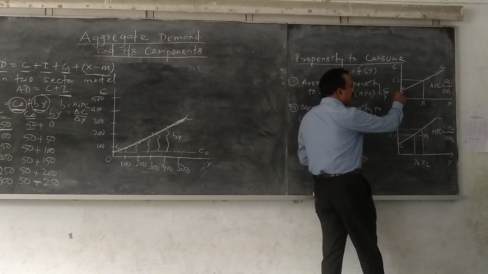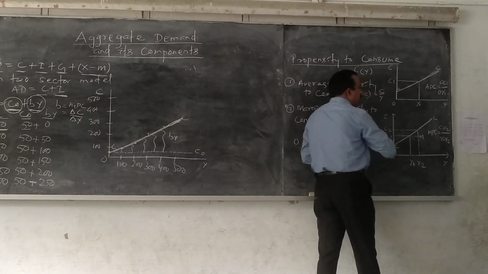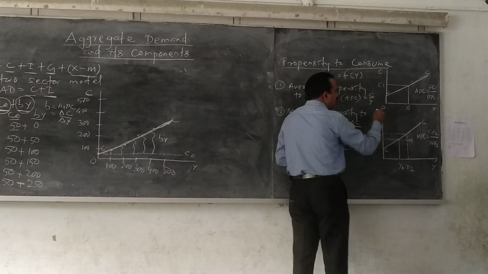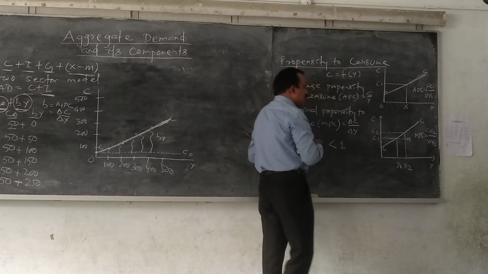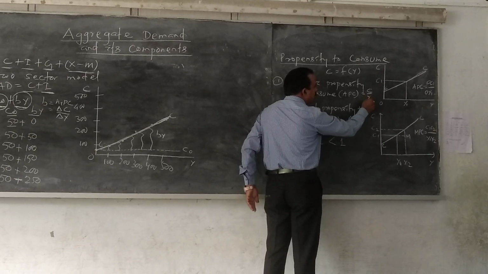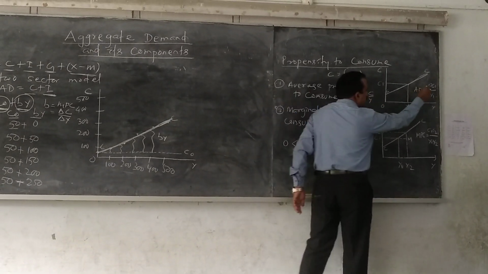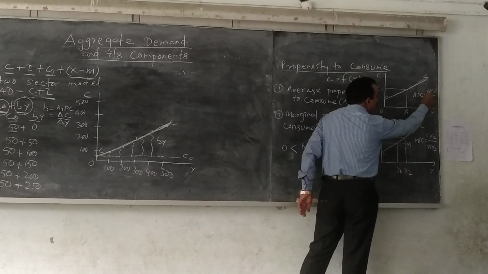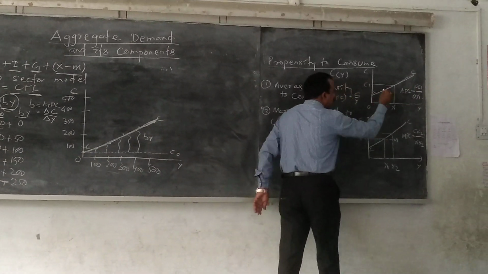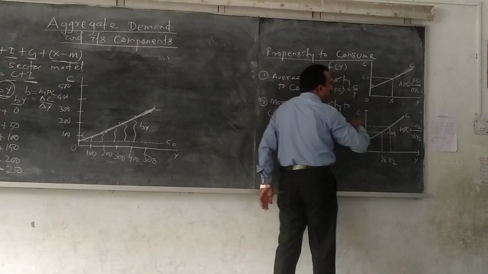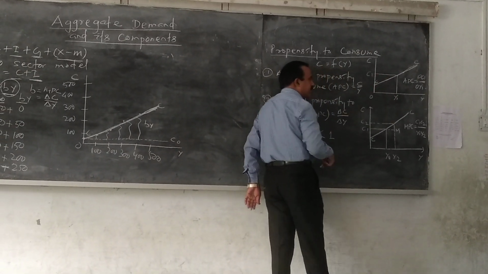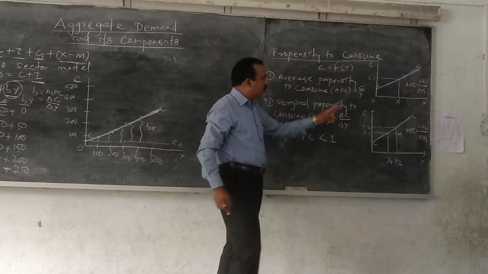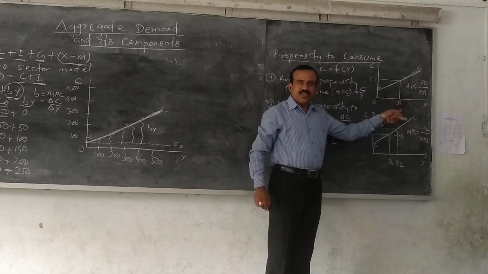In the diagram, see your consumption curve. At this point, consumption is OC1, income is OY1. So APC is C by Y, consumption by income, that is OC1 by OY1. Ratio between consumption and income. Similarly, at any point on the consumption curve, you can calculate APC by taking the ratio of consumption and income.